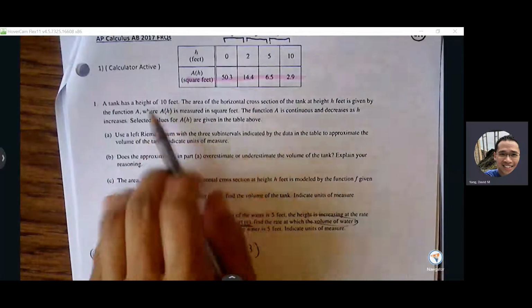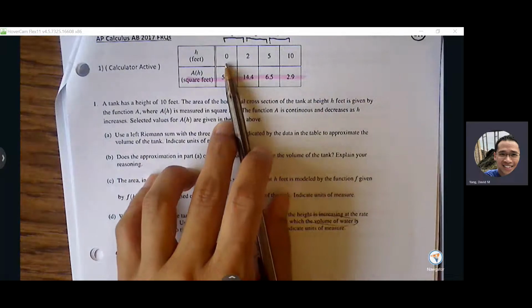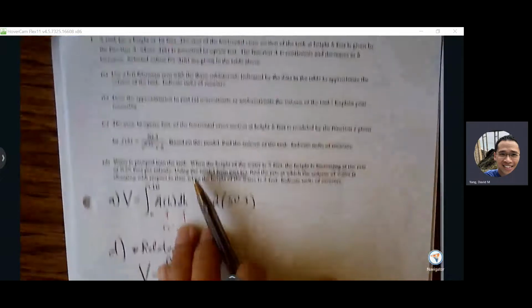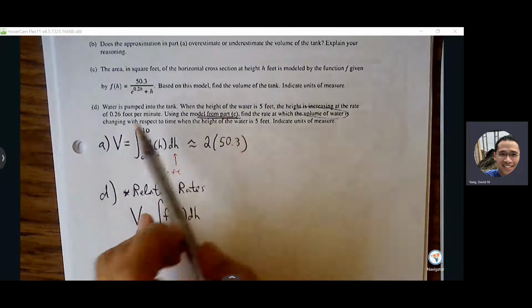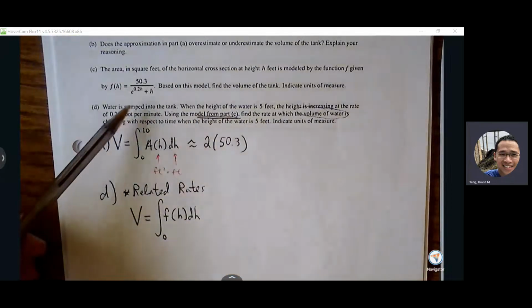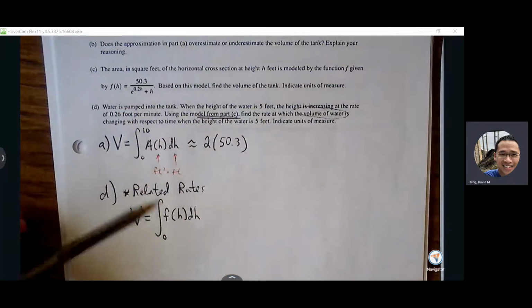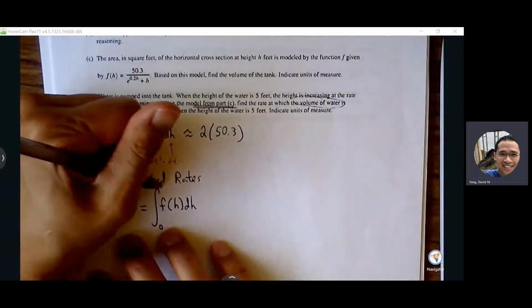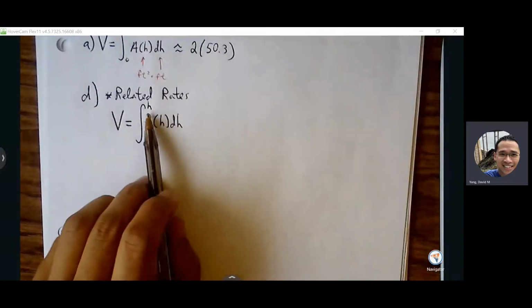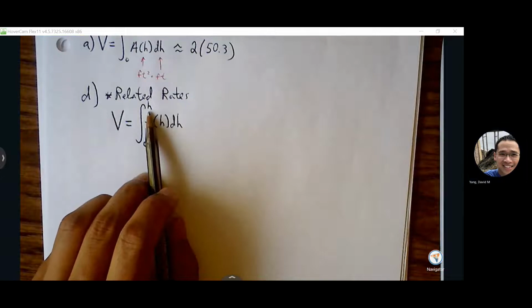This is like what the tank is doing. It's starting at 0 feet and increasing, but it's ever-changing. Water is being pumped into the tank. The height is going to continually change, so you want to allow for that upper bound to be a variable.